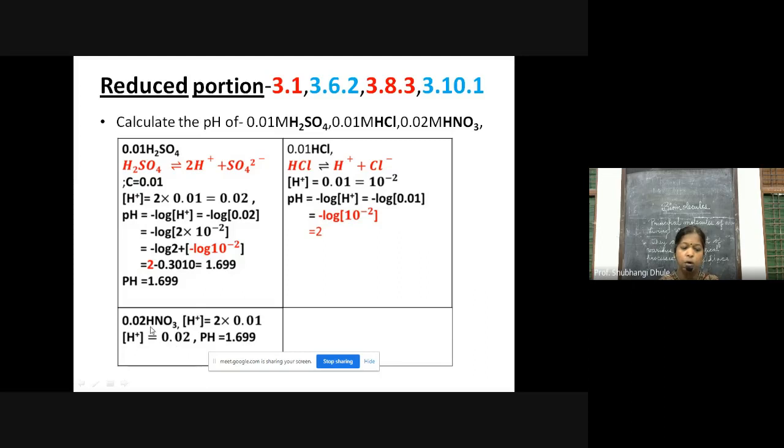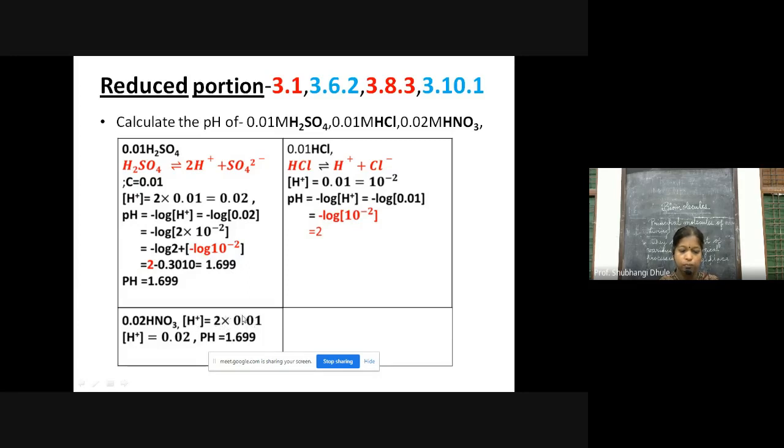Okay, and now the concentration of 0.02. If it is 0.02 of HNO3, then H plus is very easy, 2 into 0.01. So H plus is equal to 0.02, and pH is equal to 1.699.